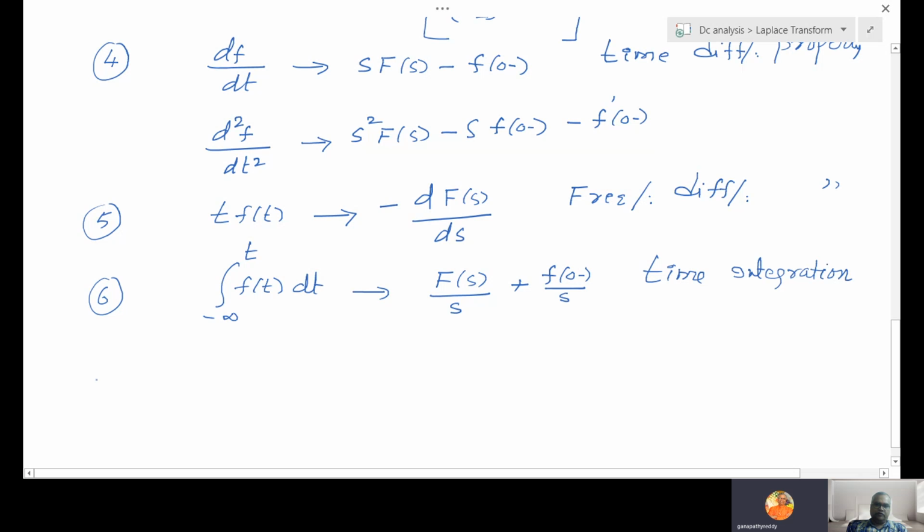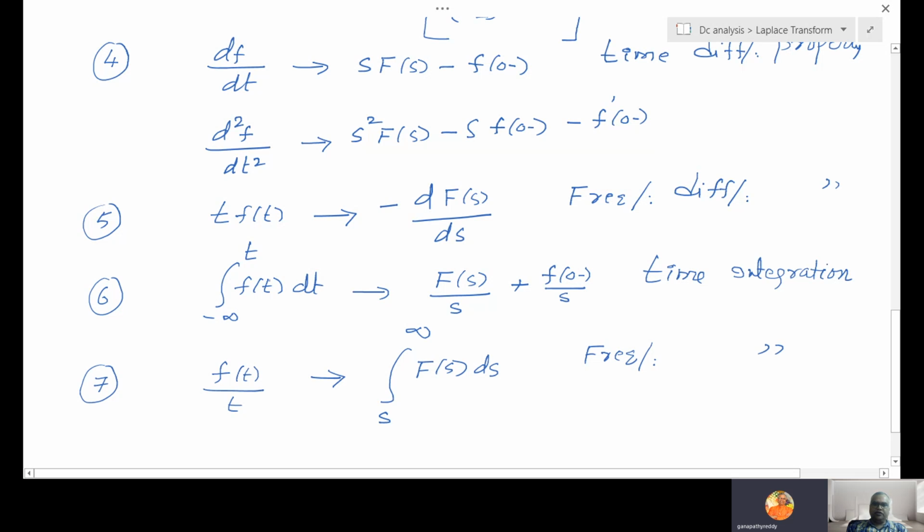Time integration. Frequency integration also there. F of t by t, integral s to infinite f of s ds, that is frequency integration.